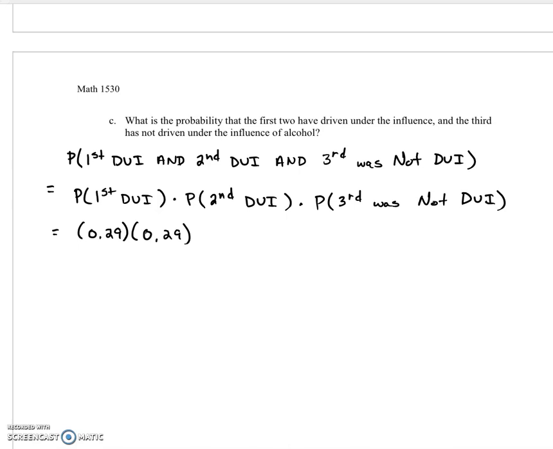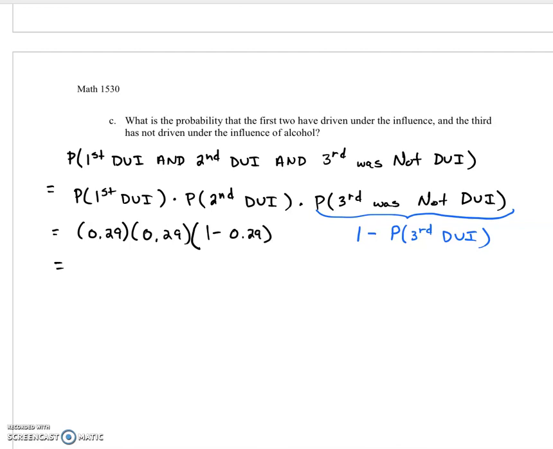So this one, that's a complement, so it's 1 minus the probability that the third one was DUI. So we can just substitute in there, that's 1 minus 0.29.